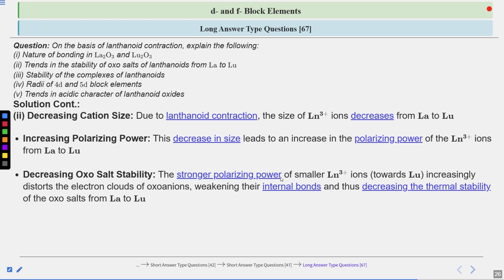And due to the stronger polarizing power of smaller tripositive ions, it will increasingly distort the electron cloud of oxo anions. The distortion weakens their internal bonds, and thus it will decrease the thermal stability of oxo salts from lanthanum to lutetium in the lanthanoid series.